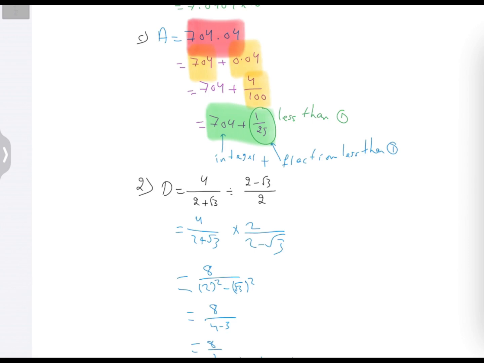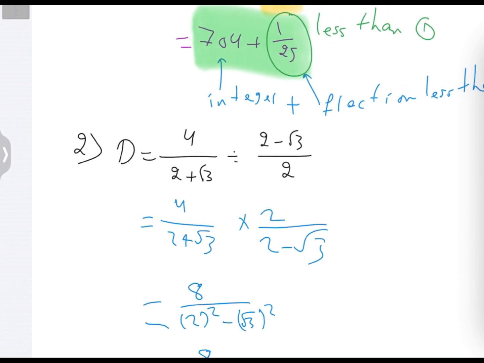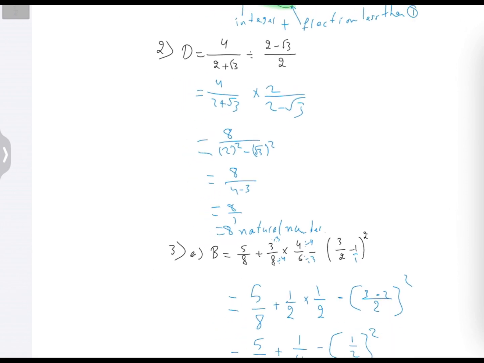Now part 2, we have expression D, or the number D, show that this number is a natural number. First we have two fractions with division between them. We can convert the divide into times and write the inverse of the second number. Now multiply numerator by numerator and denominator by denominator.